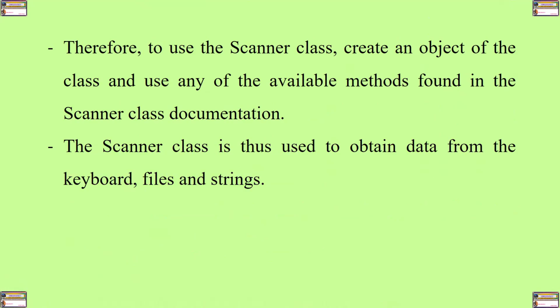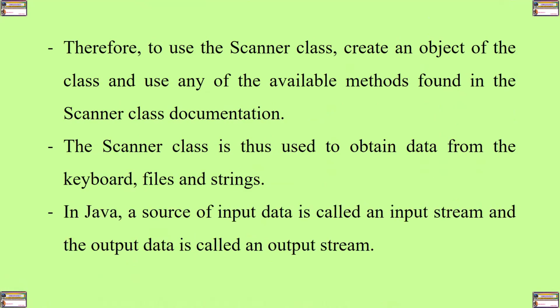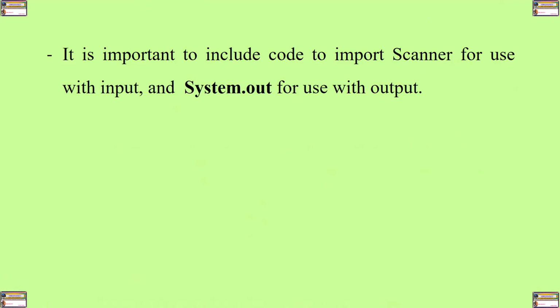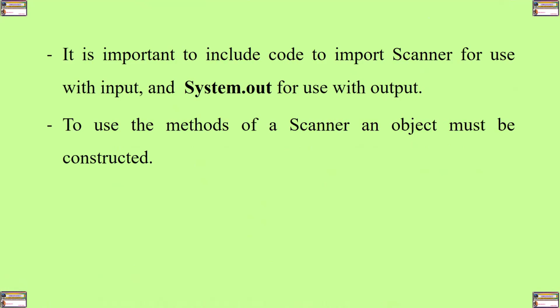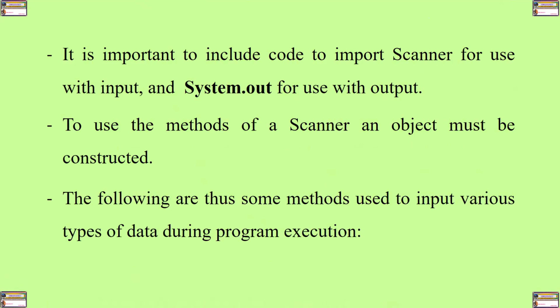The Scanner class is thus used to obtain data from the keyboard, files, and strings. In Java, a source of input data is normally called an input stream, and the output data is called an output stream. It is important to include code to import the Scanner for use with the input and System.out for use with output. To use the methods of a Scanner, an object must be constructed.